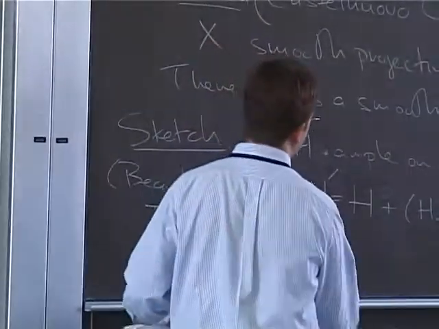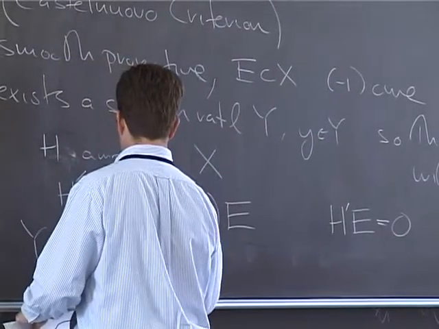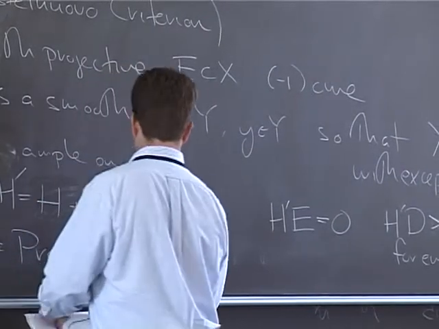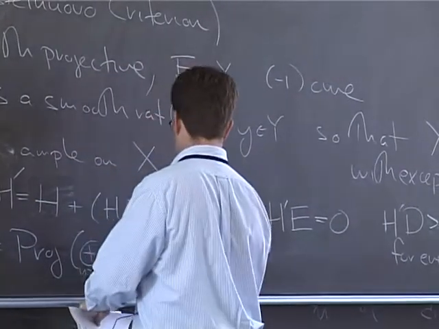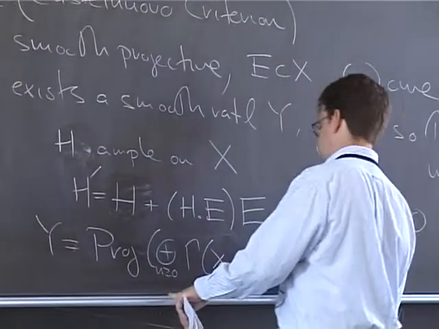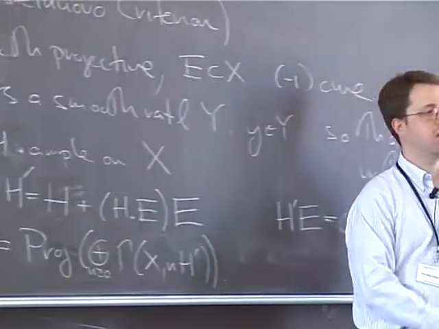So the idea here is that we construct y to be proj over x, so we use this divisor to construct.